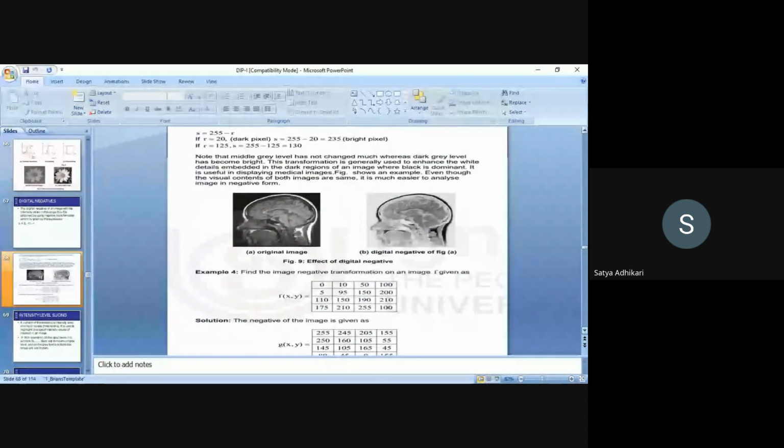They are the same. So the middle gray level has not changed much, whereas the dark level has become bright. Zero becomes 255. Zero is purely black, the maximum darkest, and its negative value 255 is the brightest. You will get a significant difference. But in the case of 125, you will not get a significant difference, because 125 and 130 are almost the same gray level values and look almost the same.